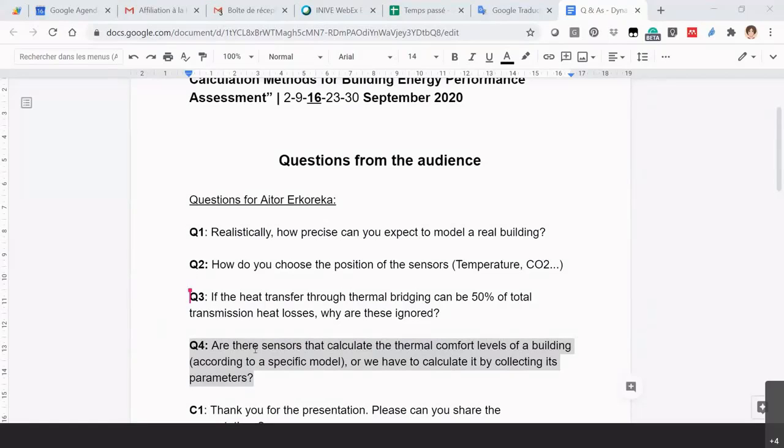So basically, by measuring indoor air temperature and indoor relative humidity, you can expect whether the people within those buildings in those conditions will be in comfort or not.